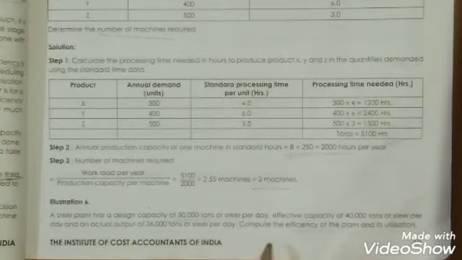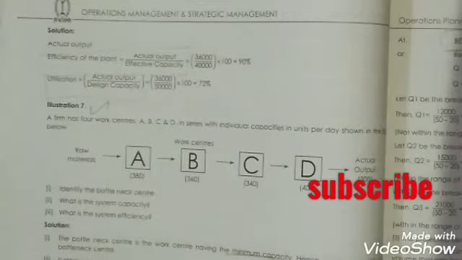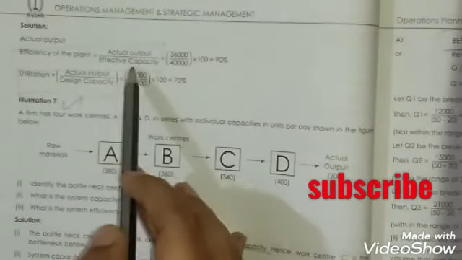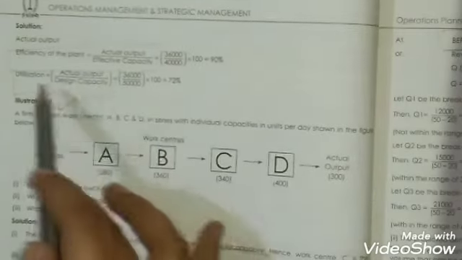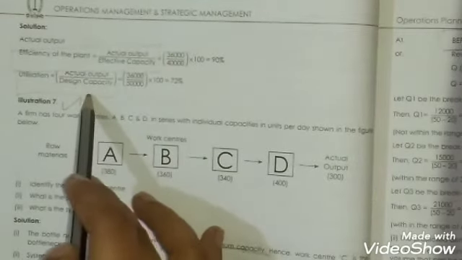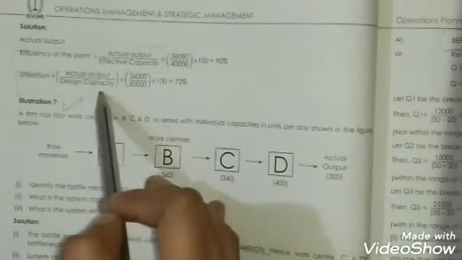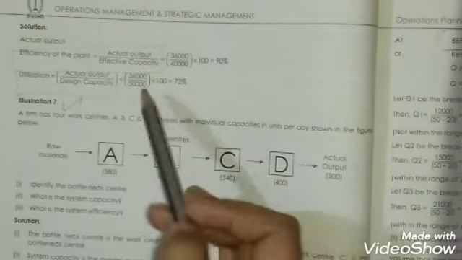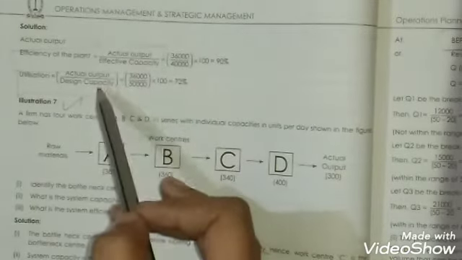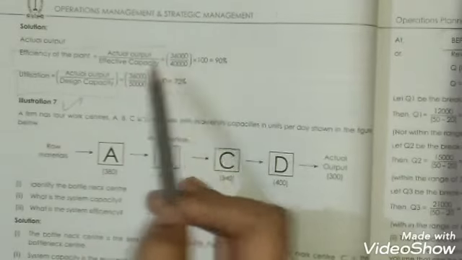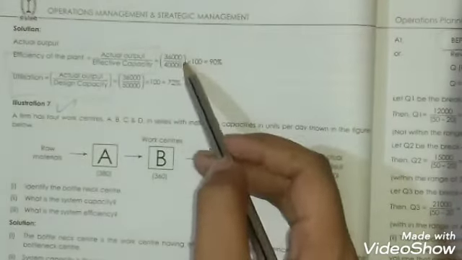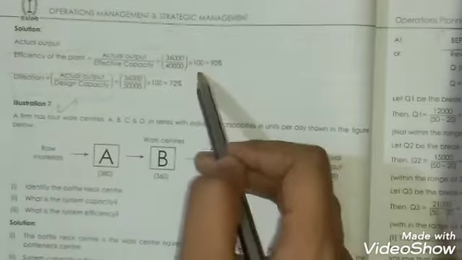Here we have the formula for this. The formula is efficiency of the plant is equal to actual output divided by effective capacity. Utilization is equal to actual output divided by design capacity. We have to memorize this formula. In the question, we already have actual output, design capacity and effective capacity. So we have to apply that. 36,000 divided by 40,000 into 100.